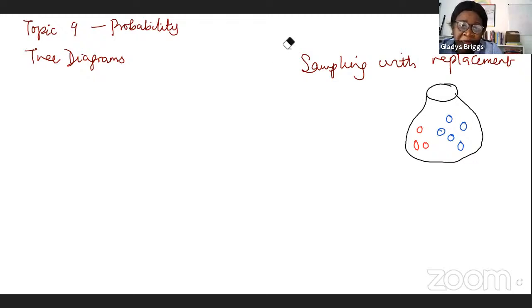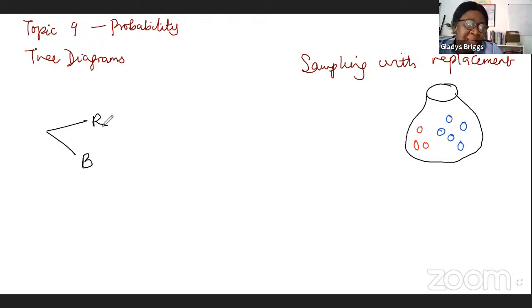We can represent that information using a tree diagram, and we start off by drawing the branches of the tree. Let's use R to represent the red and B to represent the blue.